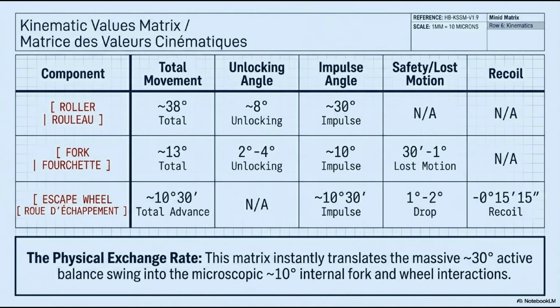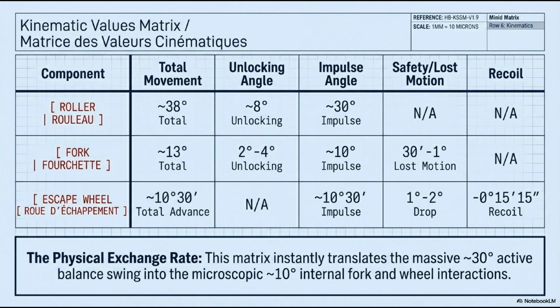Let's consolidate everything we've just traced into one master reference, the kinematic values matrix. This table gives you the total movement, unlocking angle, impulse angle, safety/lost motion, and recoil for each of the 3 components in one place. Roller, total movement approximately 38 degrees, the total lift angle, the complete angular window from first contact through the end of lost motion.